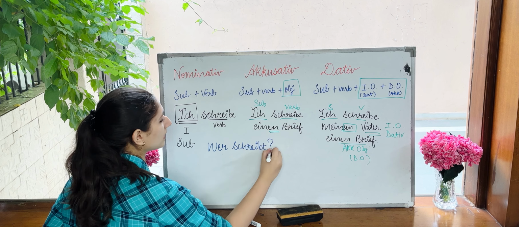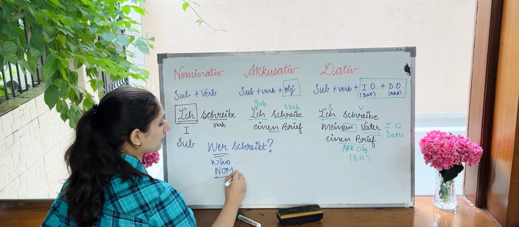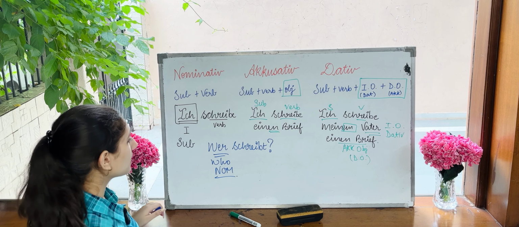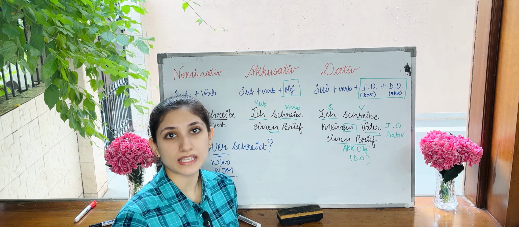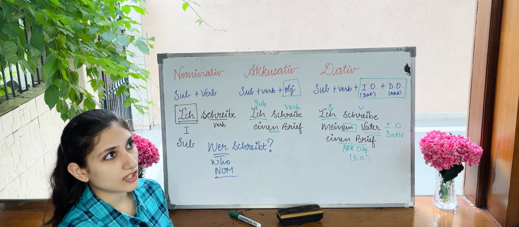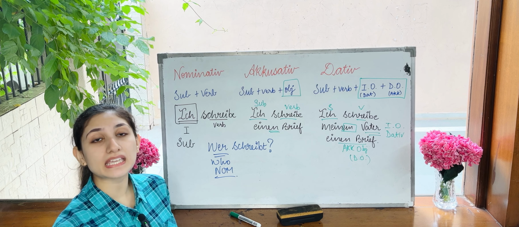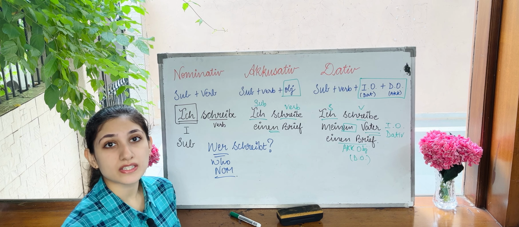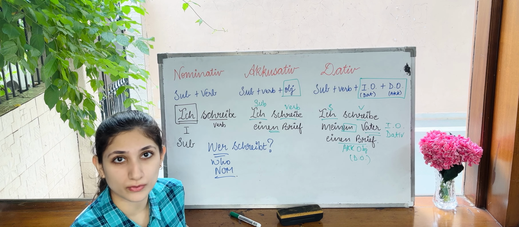This wer, meaning who, refers to the nominative, the subject. A subject can be a person, and it can be a thing also. Let's take an example: die Tasche ist schön. The bag is beautiful. What will be the question here? Was ist schön? What is beautiful? The bag.